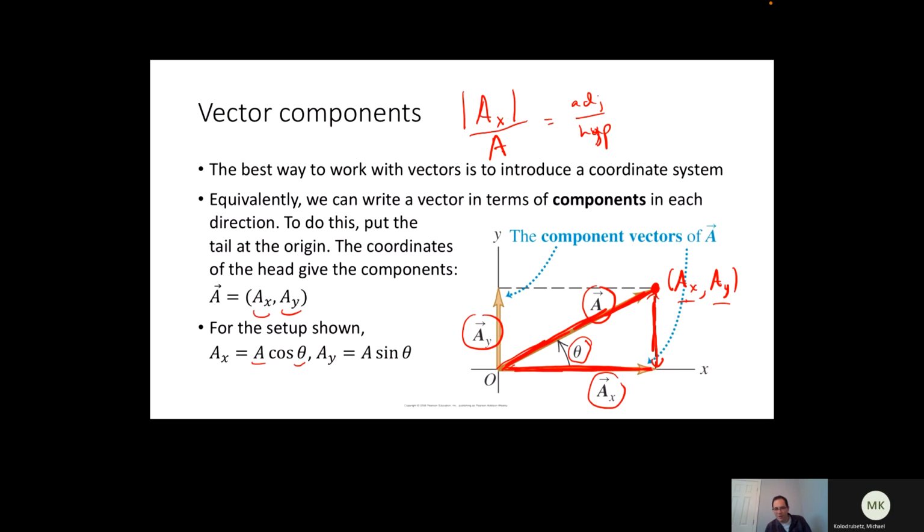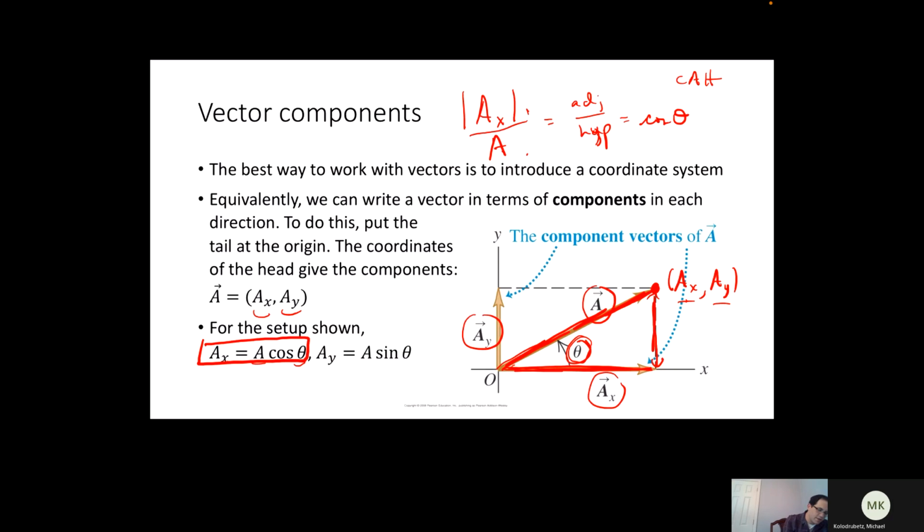So here you have to remember your trig. You might have learned it as SOHCAHTOA. So adjacent over hypotenuse, that's CAH, cosine adjacent over hypotenuse. This is cosine of the angle theta. A_x over A is cosine of the angle theta. If I multiply both sides by A, A_x is equal to A cosine theta.